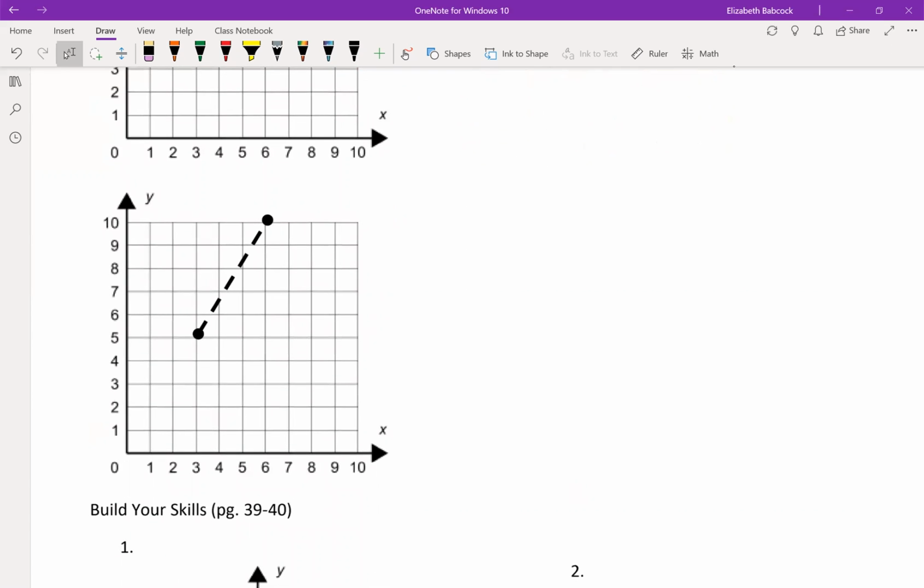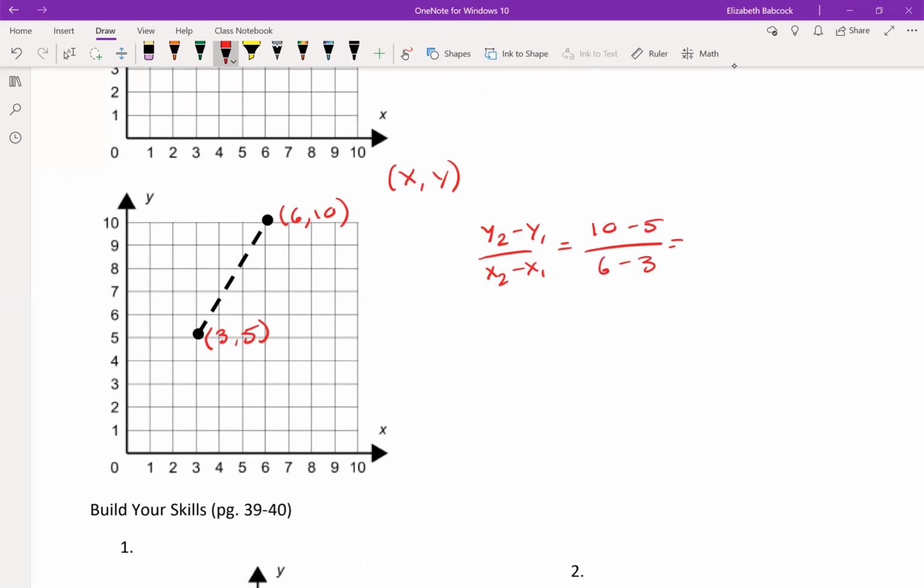Next, we have another one where our points are given, so we're just going to use those ones. We have 6, 10, and 3, 5, because remember it is x, y when you are listing points. So y2 minus y1, x2 minus x1, 10 minus 5 over 6 minus 3.